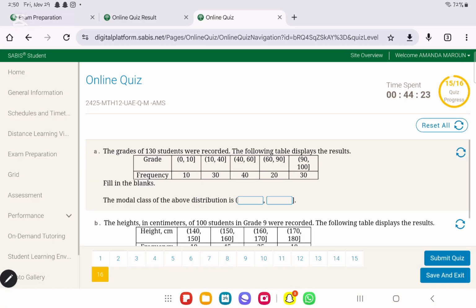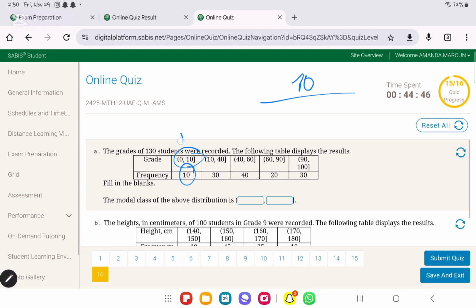Now question number 16, here we have intervals. What do we do when we have intervals? First thing we're gonna do, we're gonna take the frequency and divide it by the width to find the frequency density.